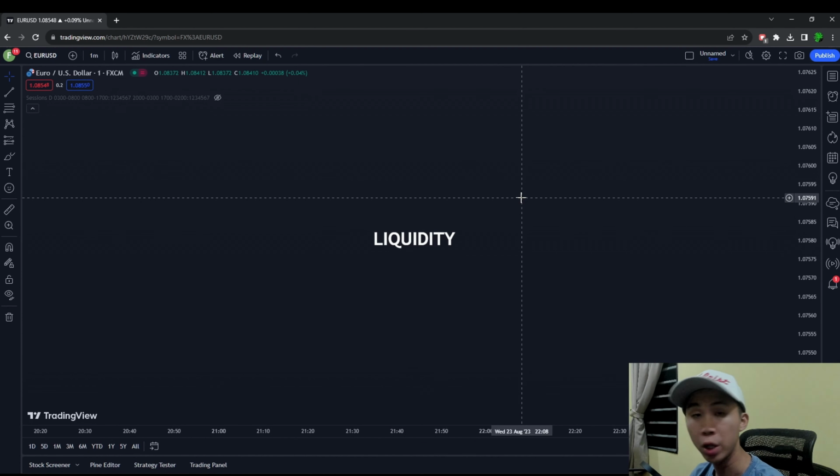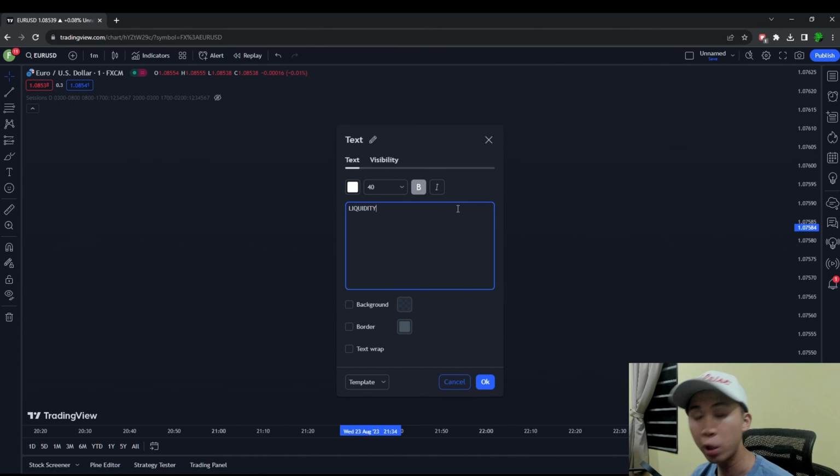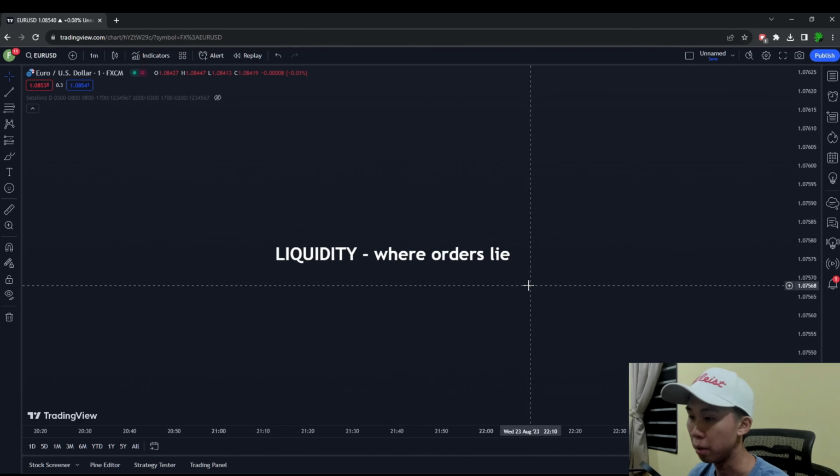Before we dive into buy-side liquidity or sell-side liquidity, we first have to understand what is liquidity. On the internet, there are a lot of definitions, but let me simplify everything for you. Liquidity simply means where orders lie. That's it.